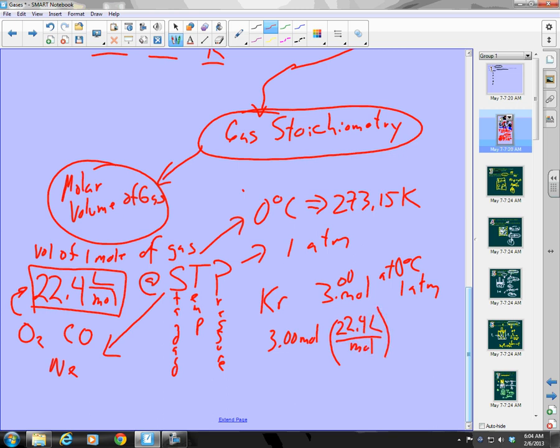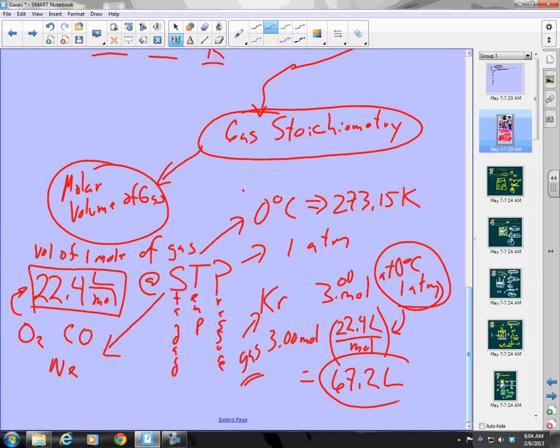If it's a gas, yes, and it's at STP, yes, then I can use this conversion. So 22.4 times 3, and I get 67.2 liters of gas. There we go.